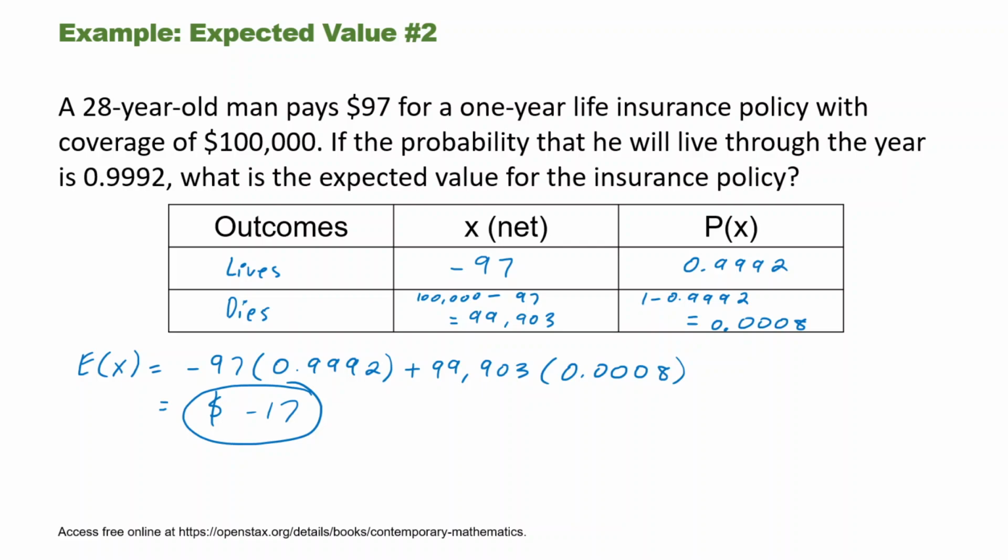Because in this case, if on average you're losing $17 every year that you get a 1-year policy, if you have people who depend on you, if you have family, things like that, then I'd be willing to play the odds here that I'm going to lose money in the long run each time, but that because I might value their protection, it might still be worth doing this. But you have to give that some thought. Comparing the two, a game of chance versus something like a life insurance policy, very different things because there are very different stakes.